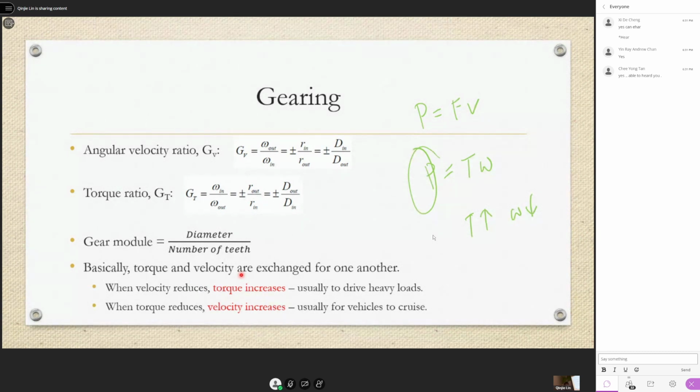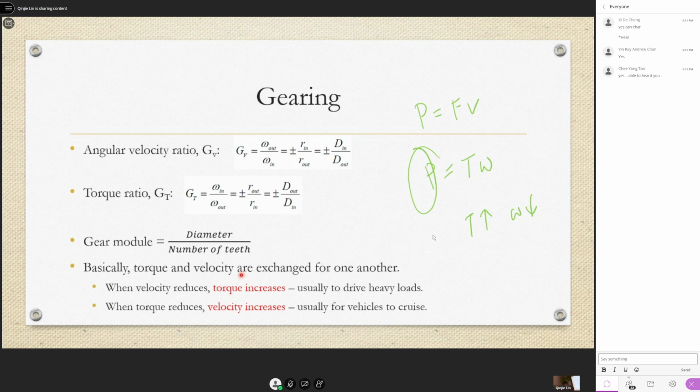For gear one, imagine a simplified version: a smaller gear with very high RPM connected to a bigger gear. This one rotates very fast, and this one rotates slower. Your wheels, of course, rotate slower than the engine.